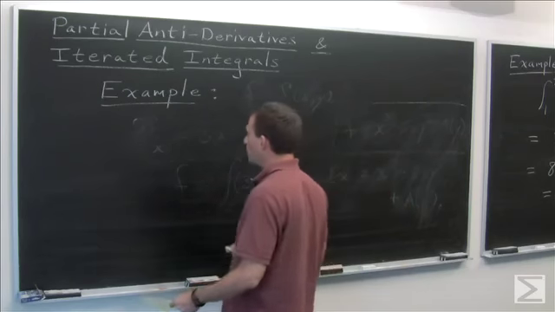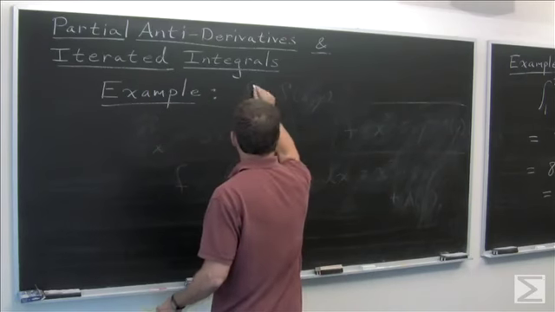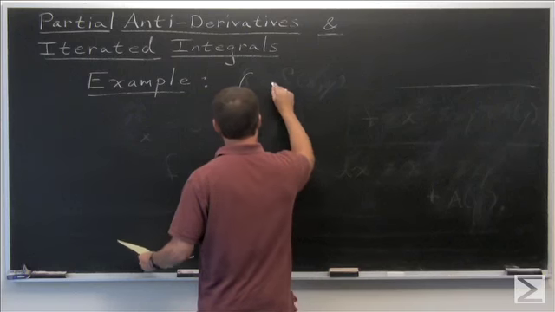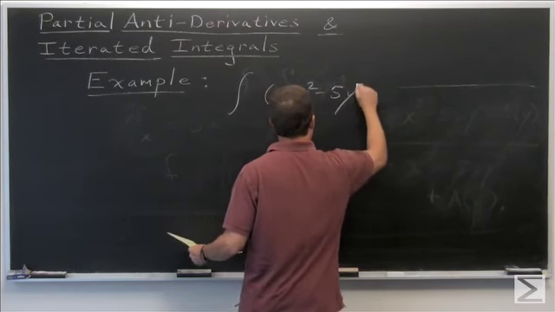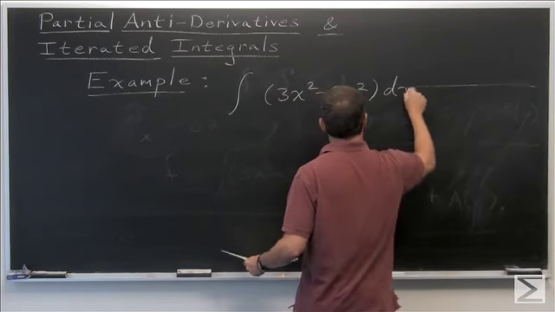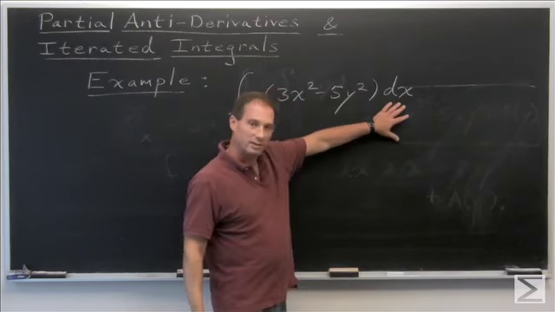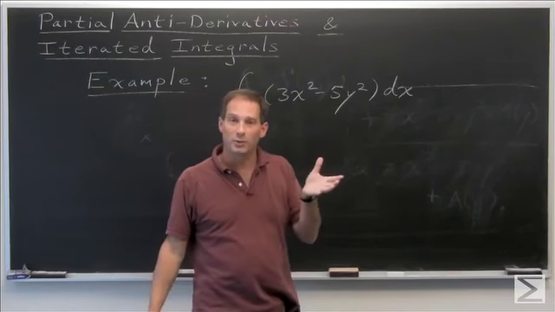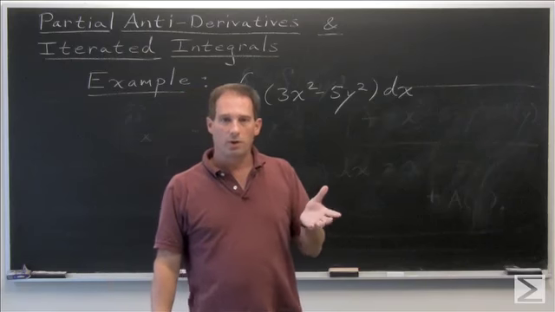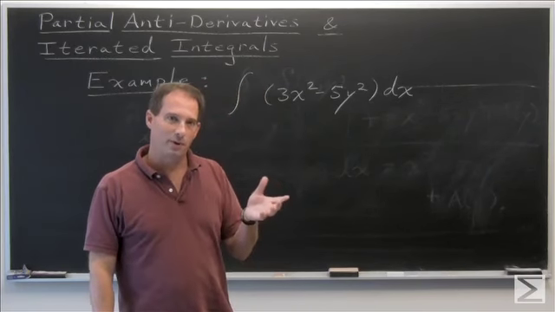So suppose we take, once again, getting kind of boring here, 3x squared minus 5y squared again, dx. All right, so we're integrating with respect to x. The y is a constant. Well, your limits of integration, I had 1 and 2 in the last example, but they could be any constants.